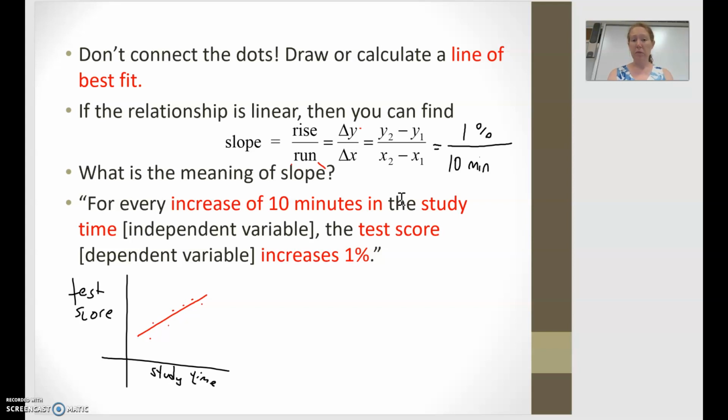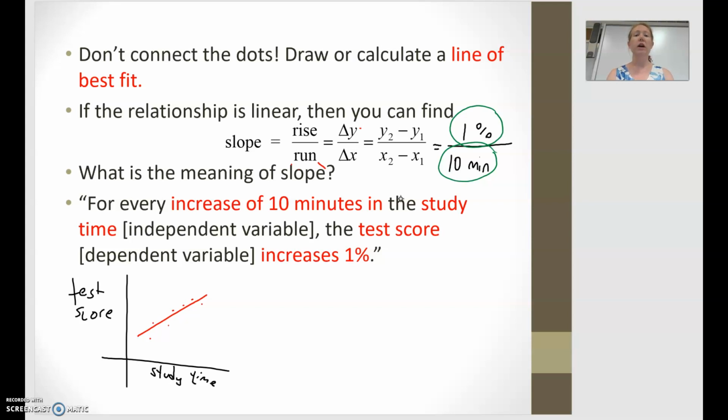So if we go back to my made up experiment, where you had people study for different times and then they took a test, did that help them or not? Let's pretend that the slope of your line was rise over run, and it went up by 1% every 10 minutes. I'm going to ask you on the test to interpret that kind of thing.